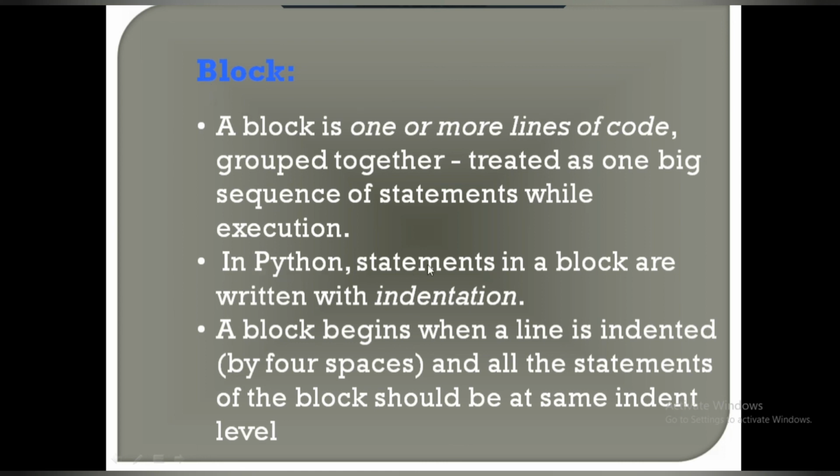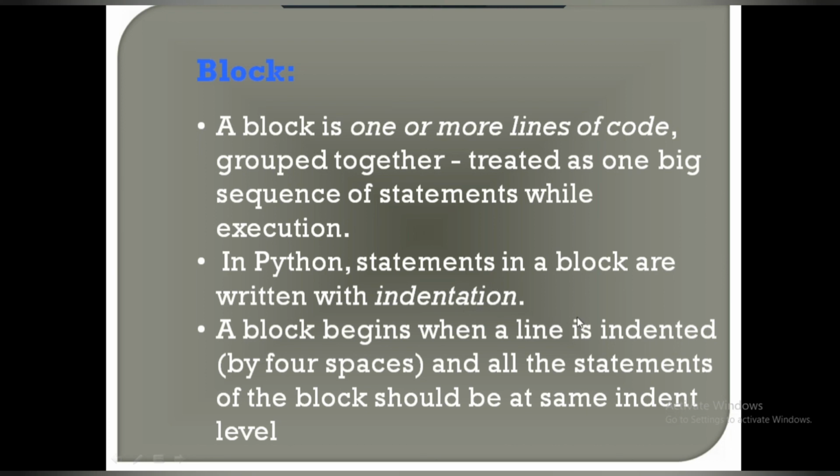In Python, statements in a block are written with indentation. We already know the term indentation. What is the meaning of indentation? Indentation means we just leave space and write the statements. So indentation is used to specify where the content can start, where it can end.